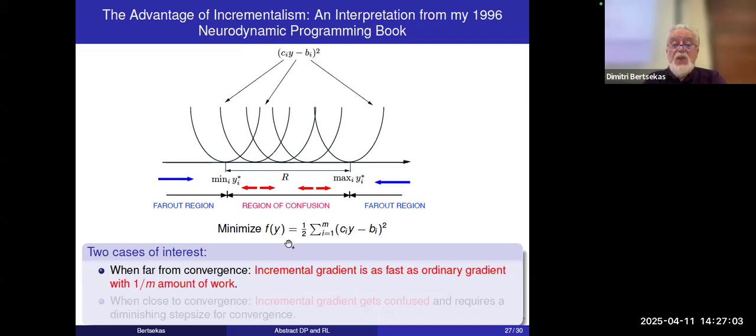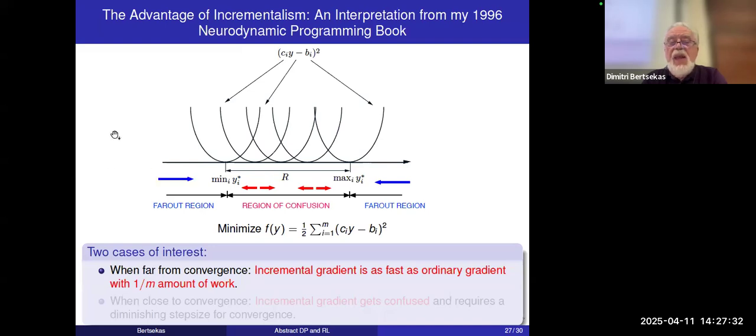Now, this is the problem with a scalar y. Suppose that you start further out to the right. And instead of using the entire gradient involving the sum of the gradients of this cost function, you just pick one of these functions and move in the direction of its negative gradient. Then no matter which one you choose, if you're far out to the right, you're going to be moving in the right direction, a lot more cheaply than otherwise.